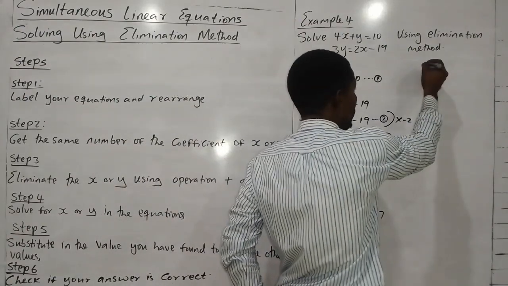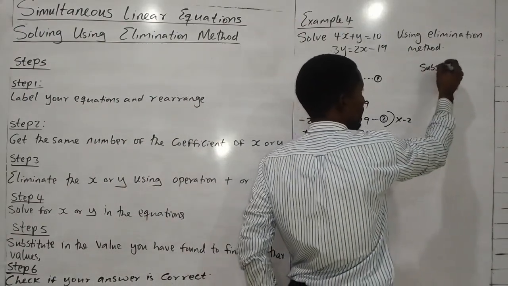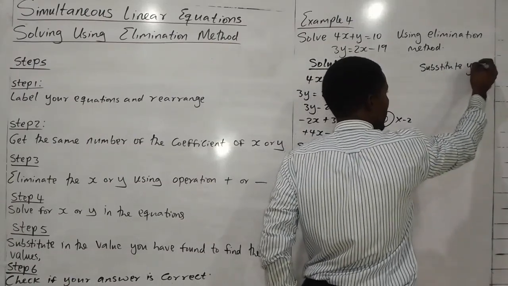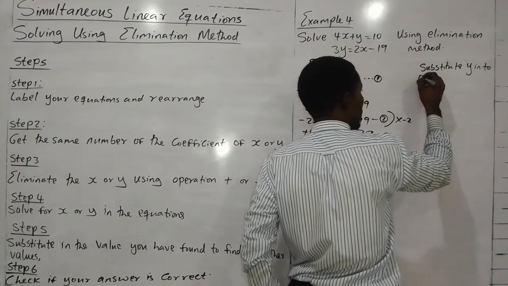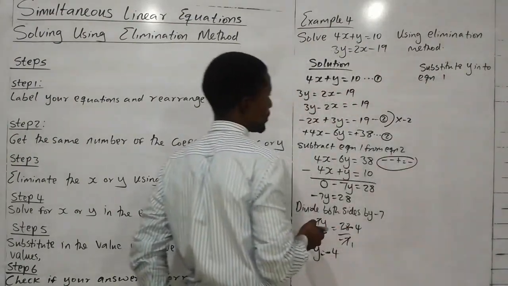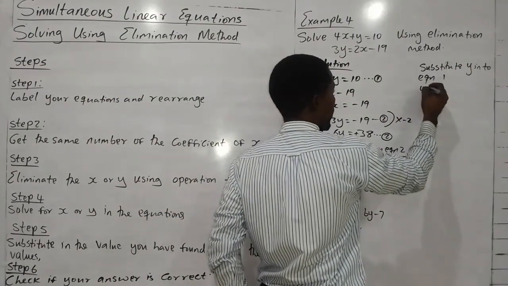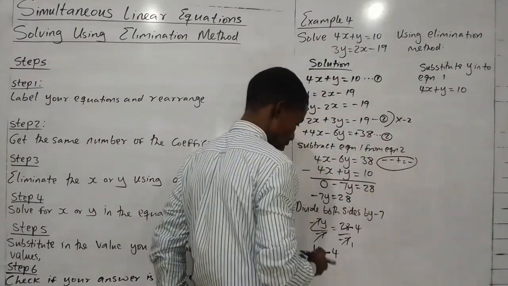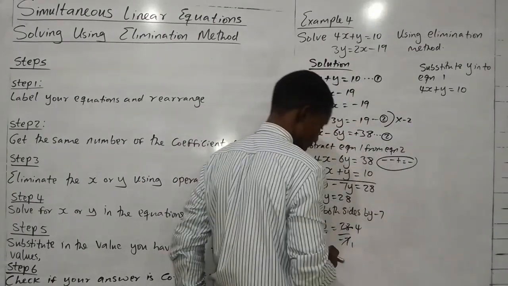Now the next thing you need to do is substitute y into an equation. You can take any equation of your choice; I'll take equation 1. What is my equation 1? 4x plus y equals 10. Anywhere I see y, I'm going to insert my minus 4.